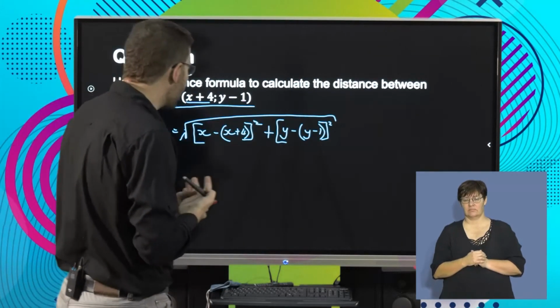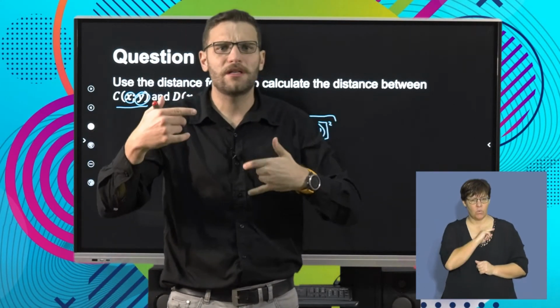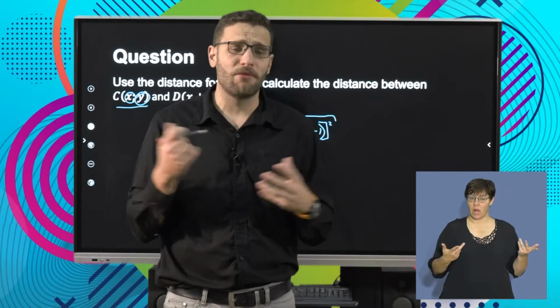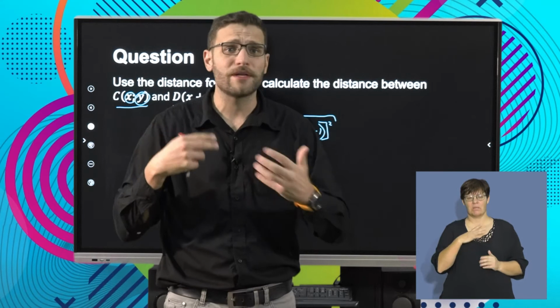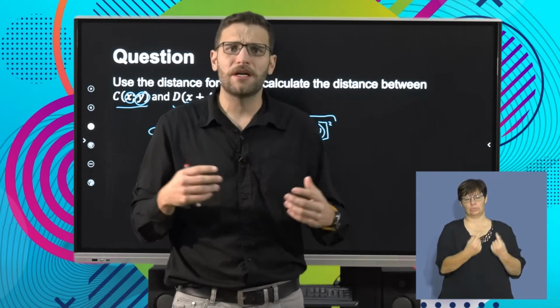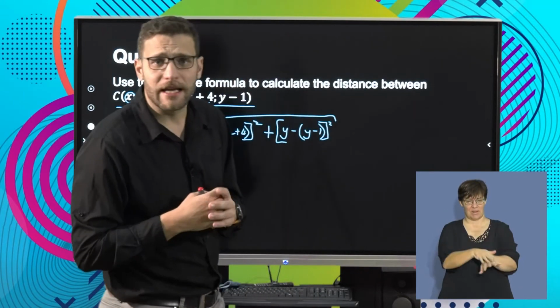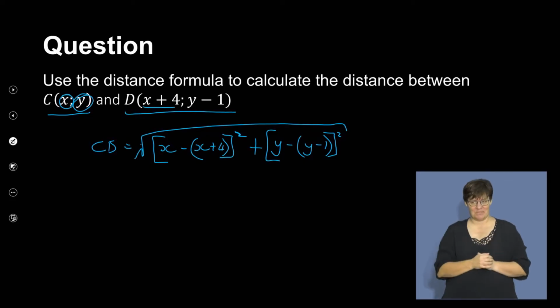And this question suddenly becomes a whole lot more complex because I can't do it on my calculator. But it's not hugely more complex. All we're going to do is we're going to work through it step by step. We're going to use the rules that we've learned in previous grades, and we're going to get to the answer. All right, so we're going to simplify this a little bit.